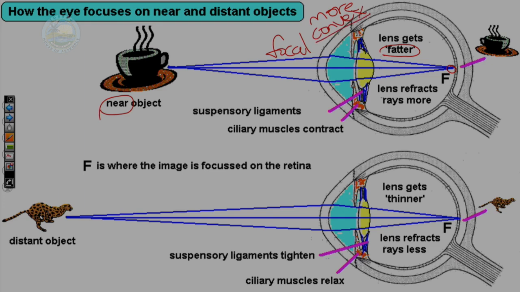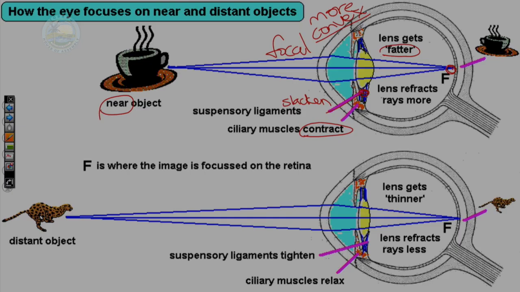You need to use this term. You want it to be more convex. So how do we get that done? The ciliary muscles will contract here and the suspensory ligaments will slacken. When the suspensory ligaments slacken, so here are the ligaments in this region, the lens bulges. So it gets rounder, fatter, and because it is rounder and fatter, the light is going to bend more and focus onto the retina at the back.